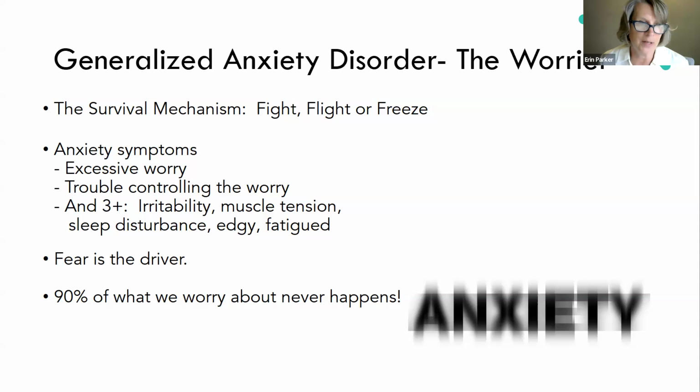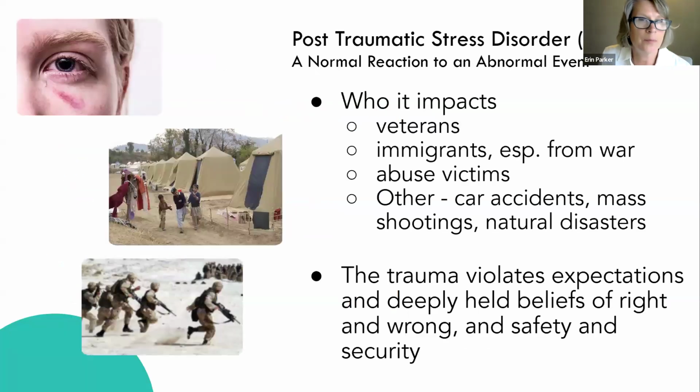Fear is the driver of this. And thinking about that, 90% of what we worry about never actually happens. But it's that fear of what might happen a lot of times. So those are the symptoms that people with an anxiety disorder would go through.